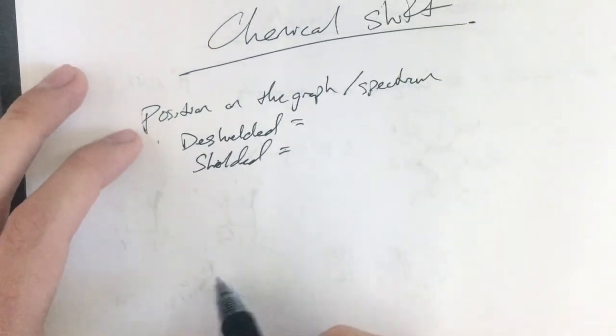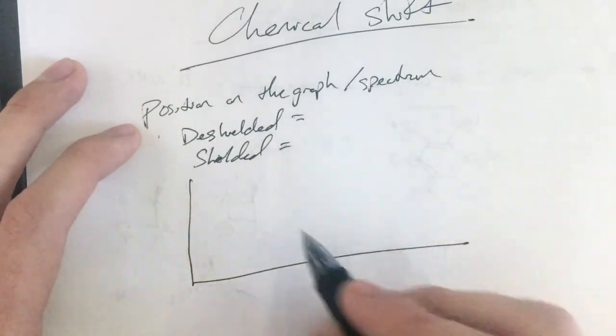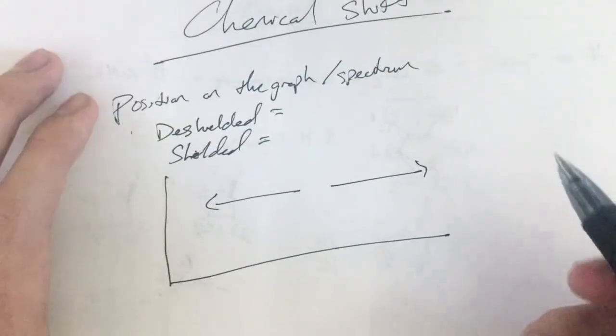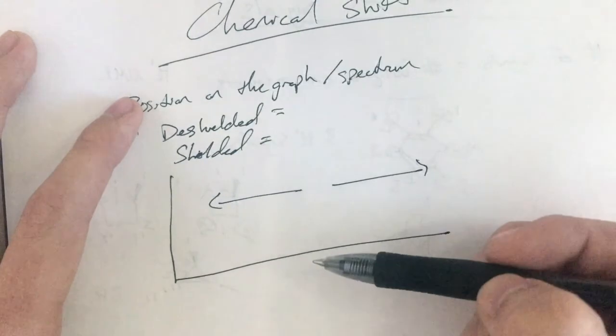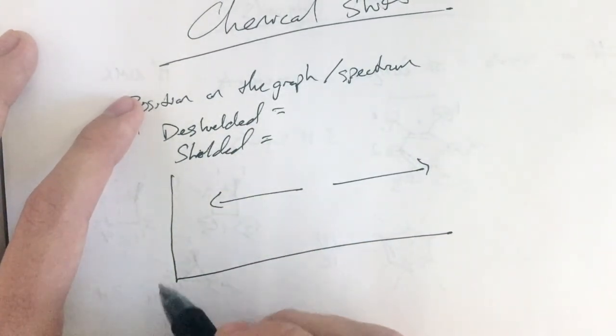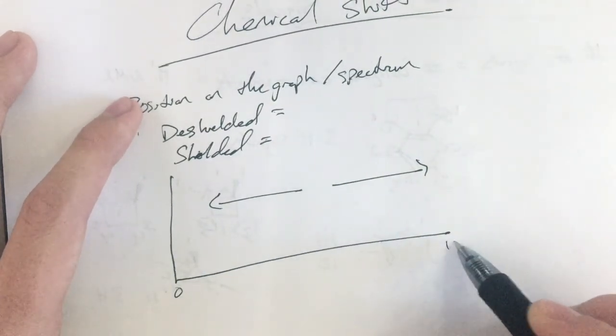When you have your NMR graph, you have two terms that you're going to want to remember: upfield and downfield. So if something is pointing here, unfortunately, we grow up having this as 0 and this as whatever, 12.